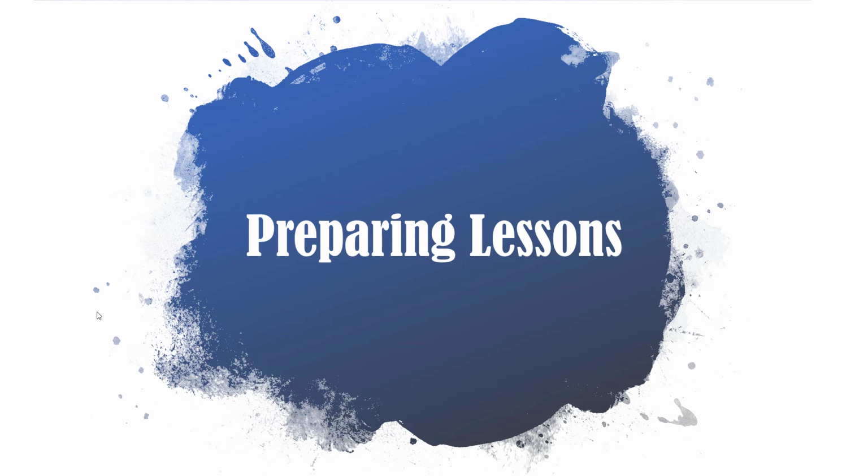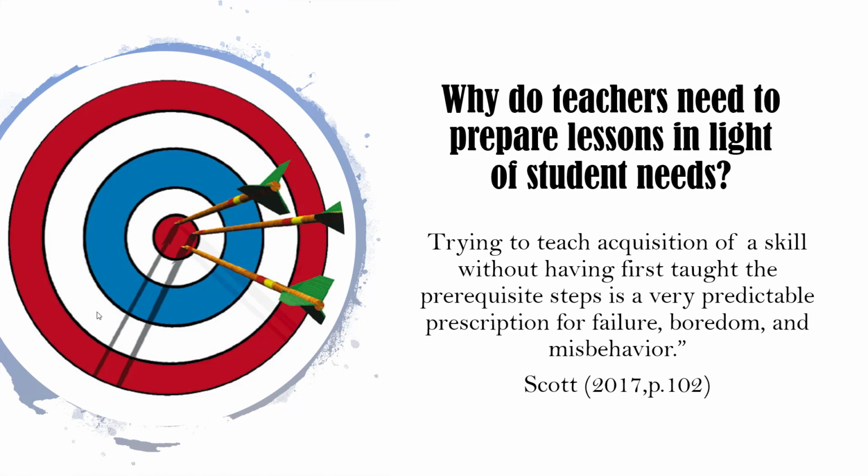Okay, when you prepare your lessons, it's really important, like I stated, to figure out what phase they're in. Just like we talked about earlier, if you try to teach acquisition of a skill without having taught the prerequisite steps, then it's a prescription for failure, boredom, and misbehavior.